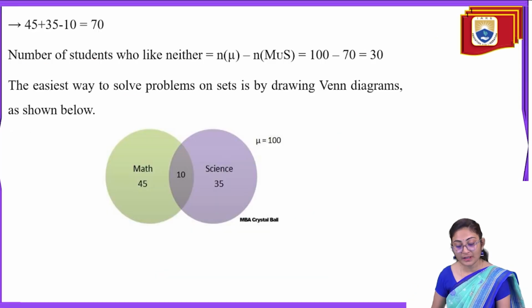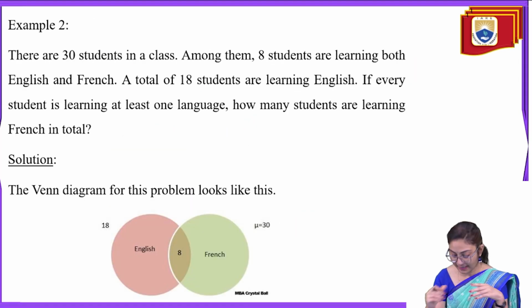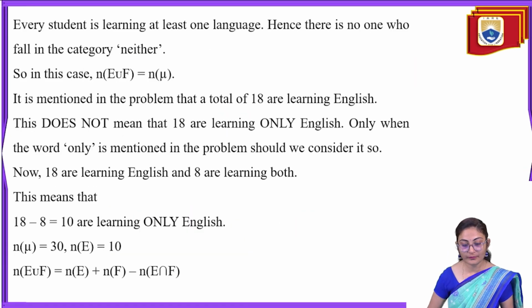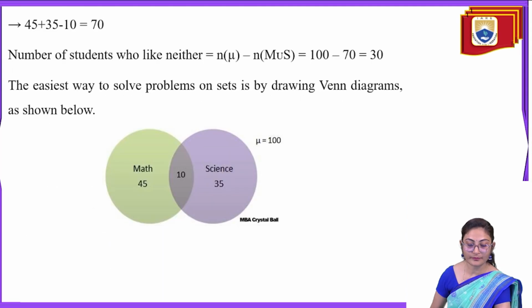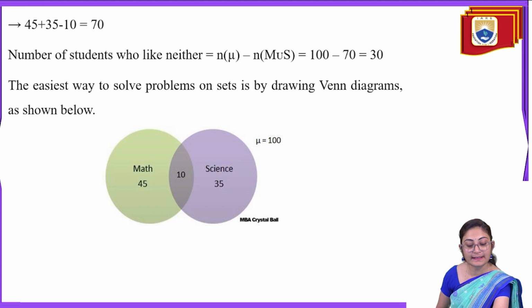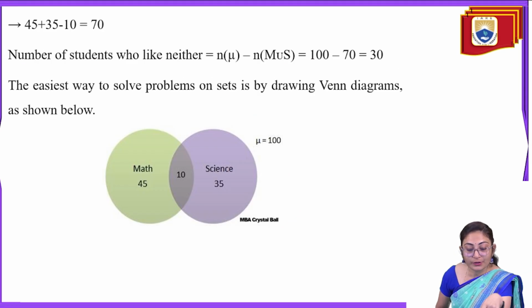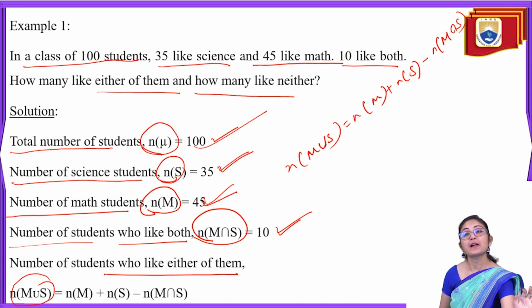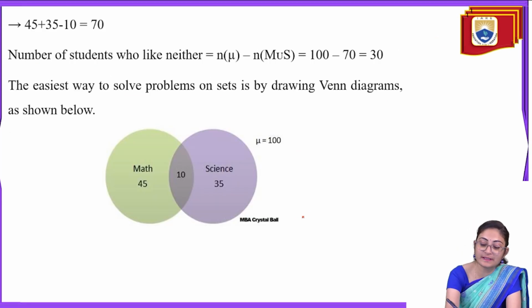Now you have to put all the values into your formula and you will get the answer. So n of s is 35, n of m is 45, minus 10, which is n of m intersection s. You have to find out this value.